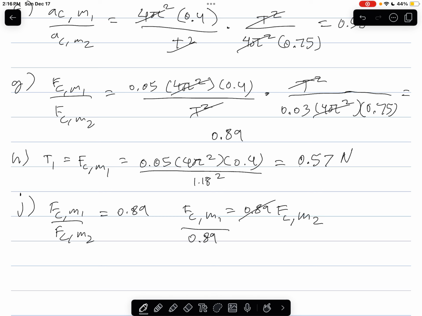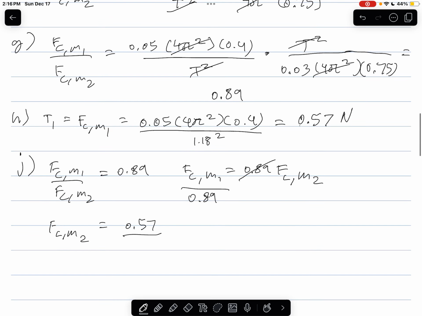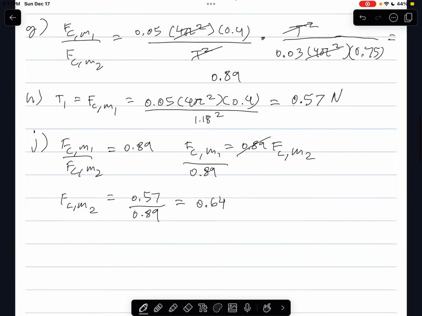So you divide 0.57 by 0.89, and the centripetal force of M2 should be 0.64.